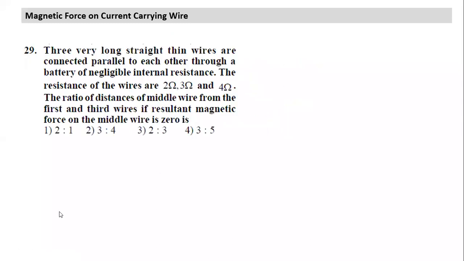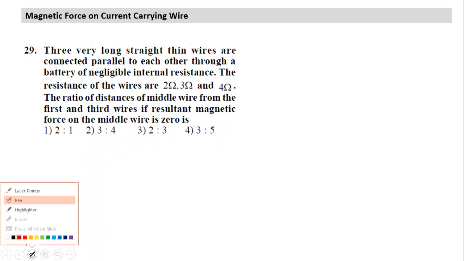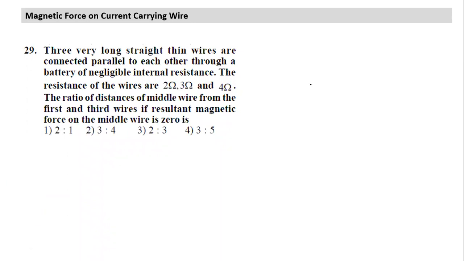Next question. Read the question and try to understand how you would solve it. If the information given in the question is converted into a simple figure, there are three long straight thin wires. So I draw three wires: the first wire, second wire, and third wire.